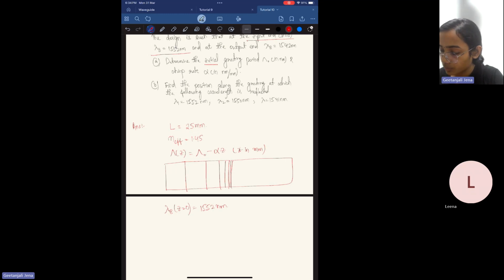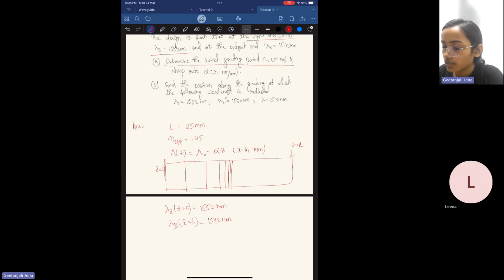And at the output end, z equal to L, where the total length is L and the grating is up to this point, lambda B is 1542 nanometer.